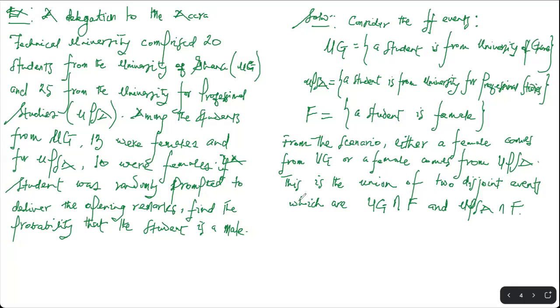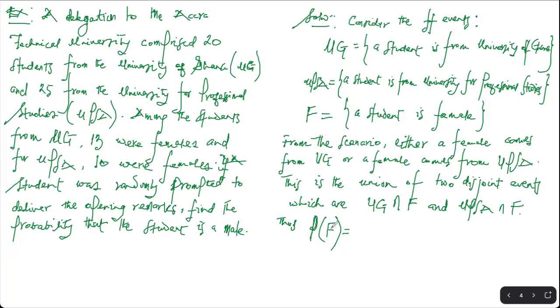So thus, we can say that the probability of being a female is, so here I can apply what we have just looked at, the total probability rule, right?